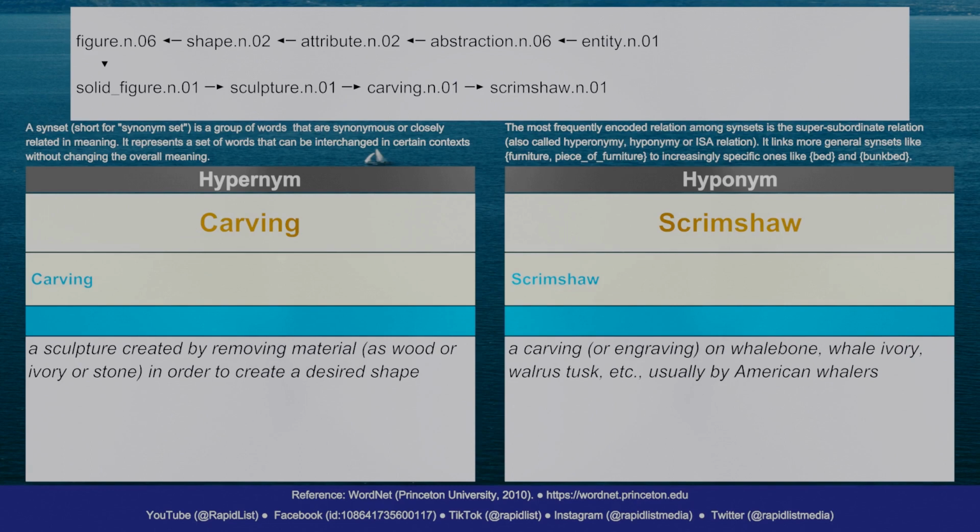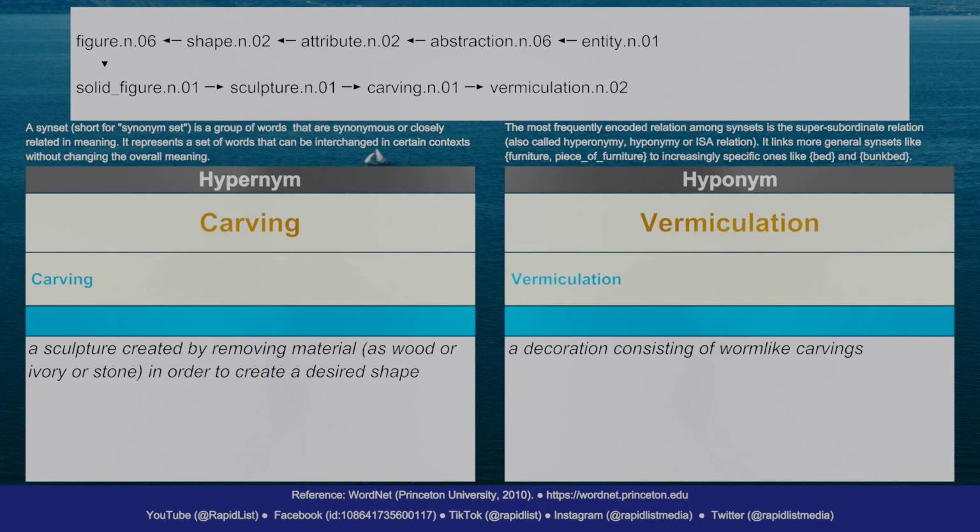Scrimshaw. A carving or engraving. Vermiculation. A decoration consisting of worm-like carvings. Wood carving. A carving created by carving wood.